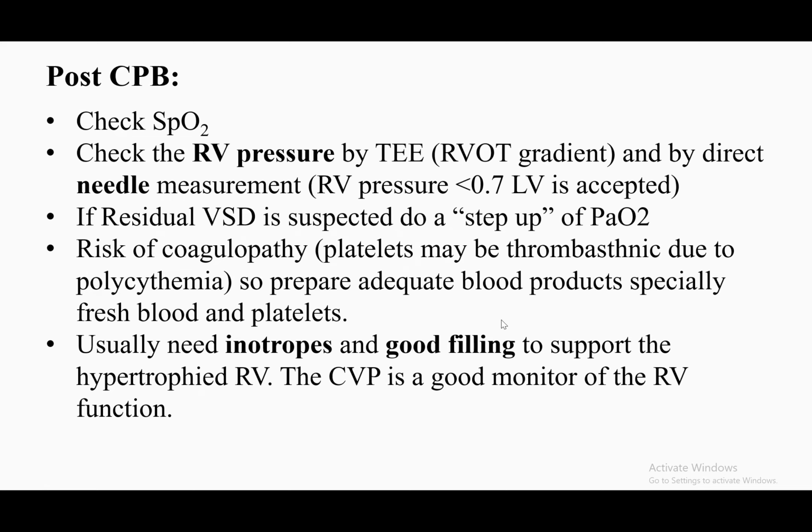If the saturation increases in the pulmonary artery compared to the right atrium, it means that significant oxygenated blood was added to the blood in the pulmonary artery at the level of the right ventricle. So this indicates the presence of a significant VSD shunt, with left to right shunting across the VSD.